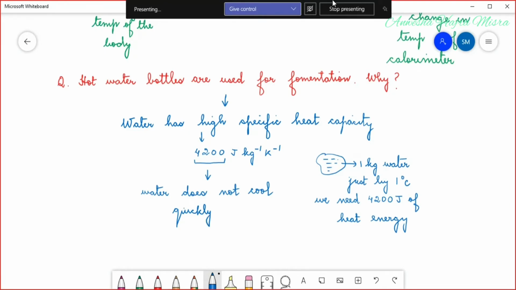So it will not cool quickly due to its large specific heat capacity, and hence it will provide heat energy for fermentation for a longer period of time.